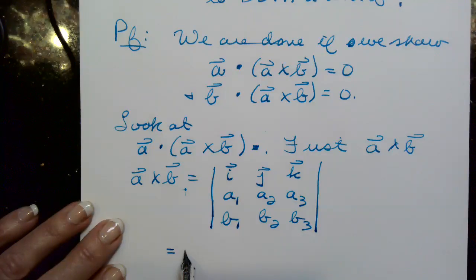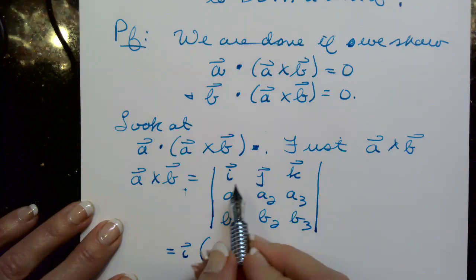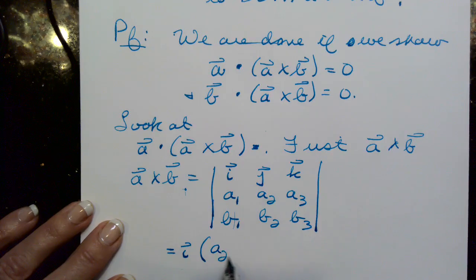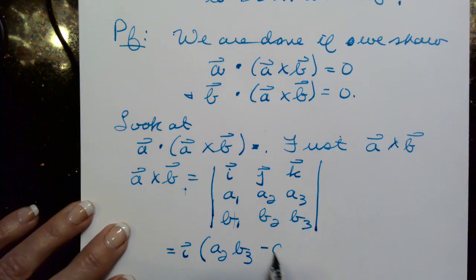So that is I times what you get when you delete the row and the column containing I. That's the determinant of this 2 by 2 matrix, which is A2B3 minus A3B2.